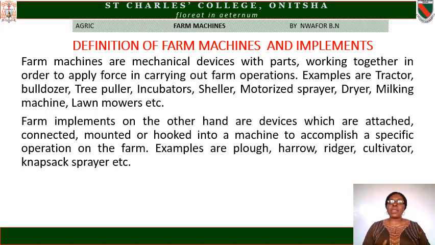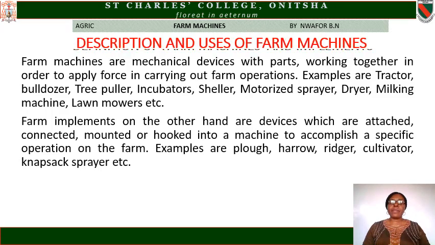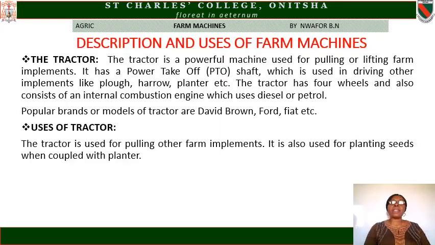Their examples are the plow, the harrows, the ridger, the cultivator, the knapsack sprayer, etc. We are to look at examples of these farm machines and also state their uses.